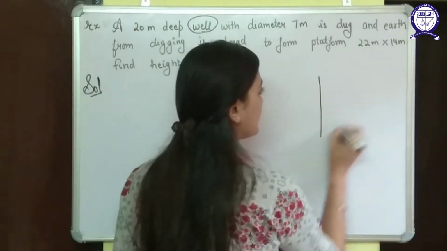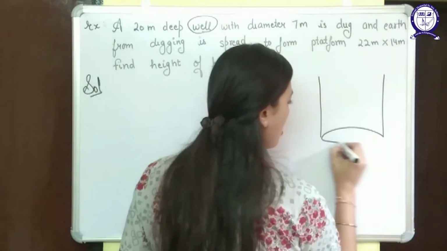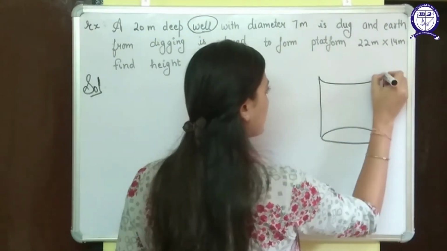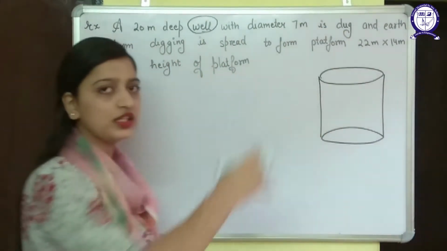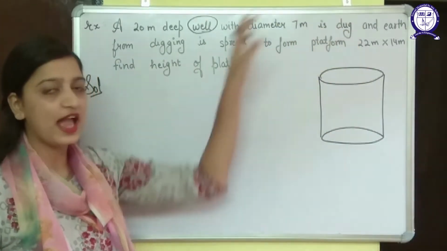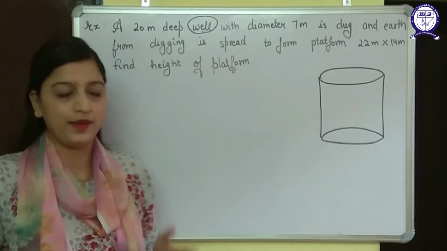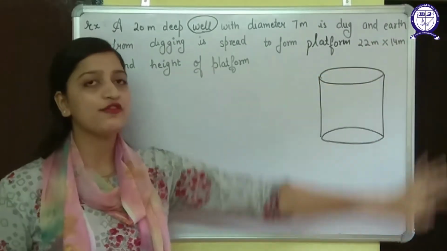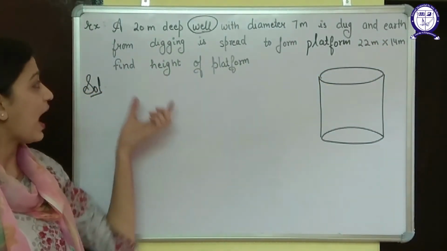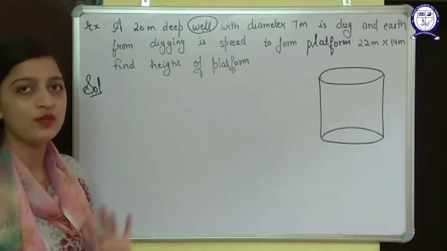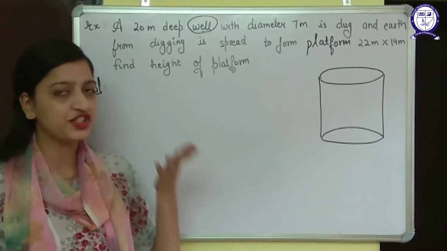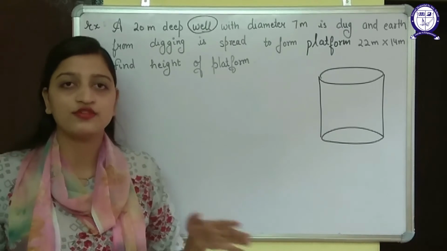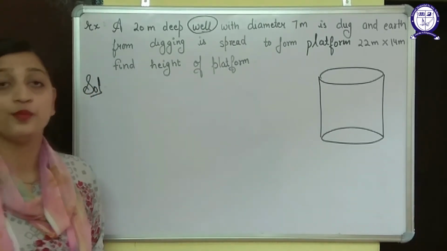Okay, so a cylindrical well is dug, that is we are digging all the sand inside of it and putting it into another shape, that is the shape is platform 22 meter by 14 meter. Okay, and we need to find the height of platform. So by looking at the dimensions given, you can see that that platform is in the shape of a cuboid.